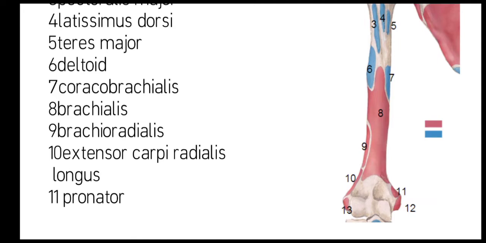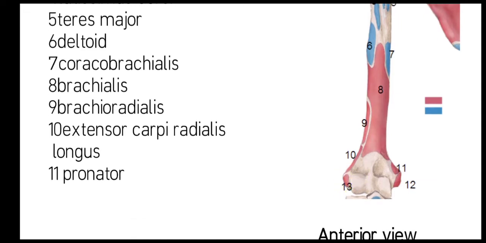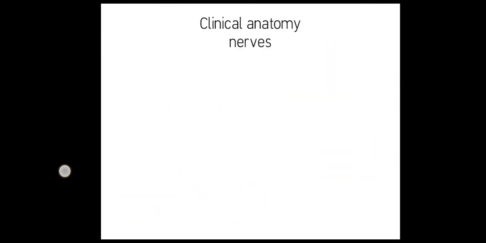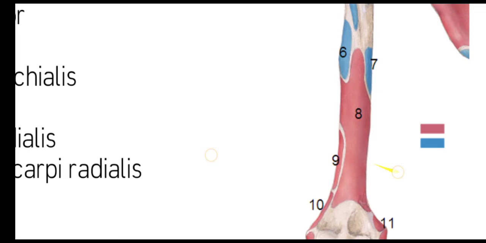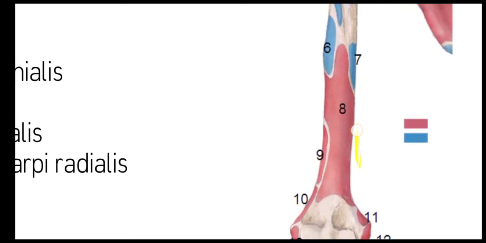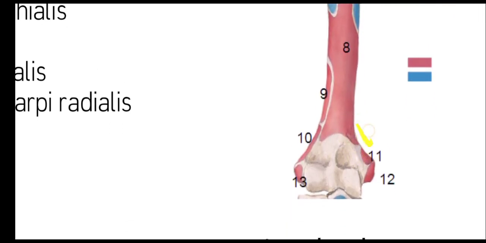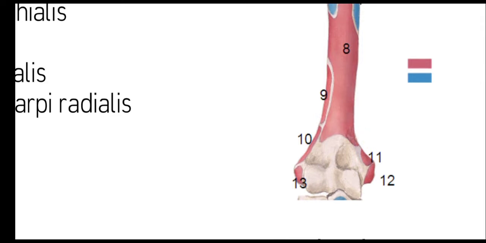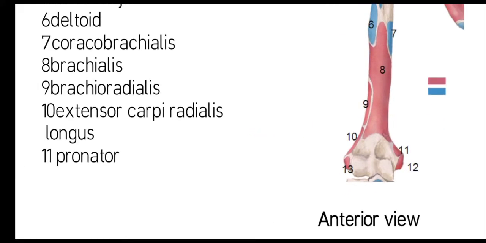From the lower part of the lateral supracondylar ridge arises the extensor carpi radialis muscle, and from the medial side we can see there is a brachialis muscle. Here, all along the medial supracondylar ridge, the brachialis muscle's origin takes place.